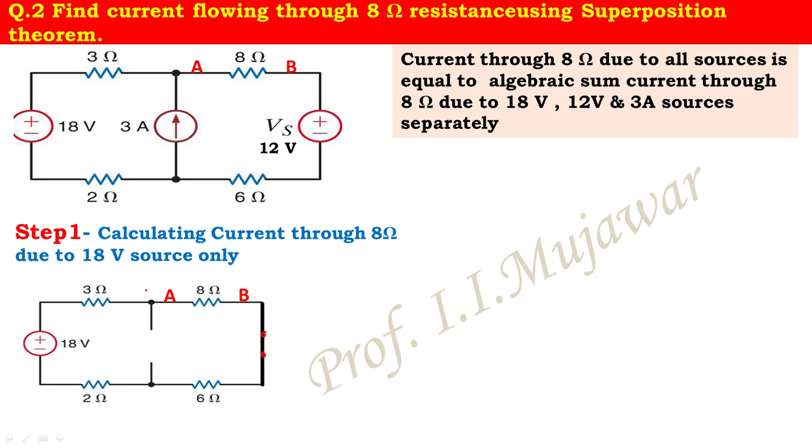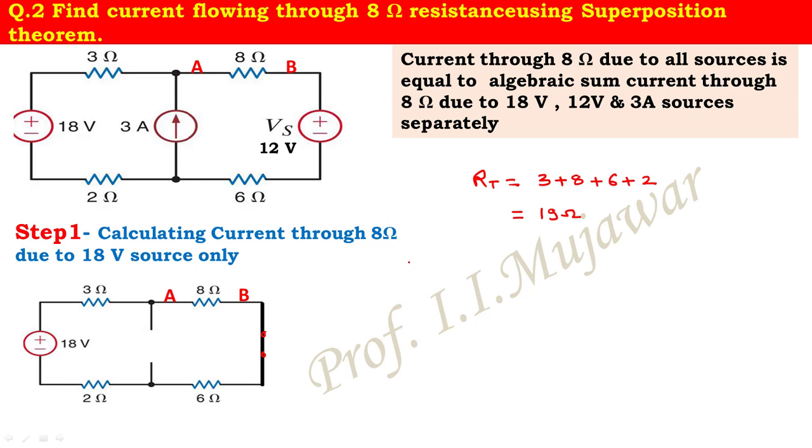Now there is just one loop, and this loop includes the total resistance RT of value 3, 8, 6 and 2. That means these four resistances are in series, so total resistance comes out to be 19 ohm.